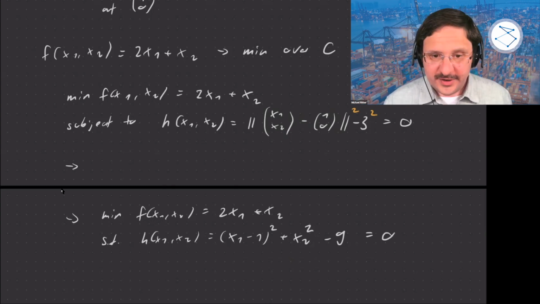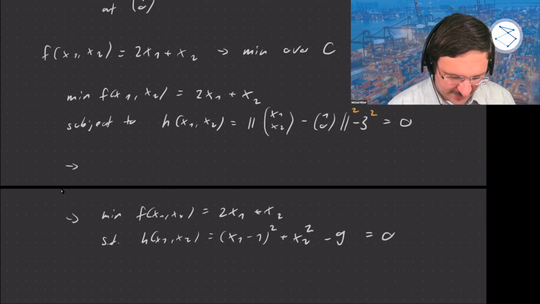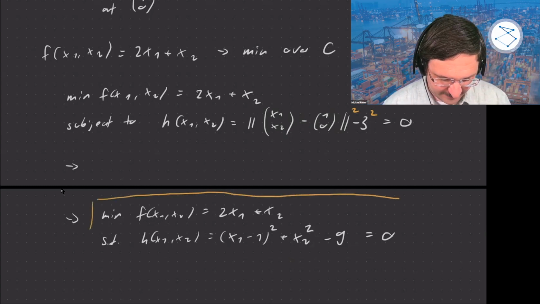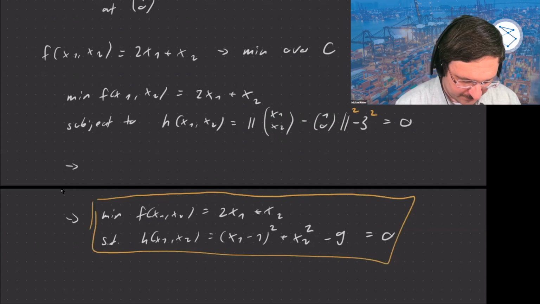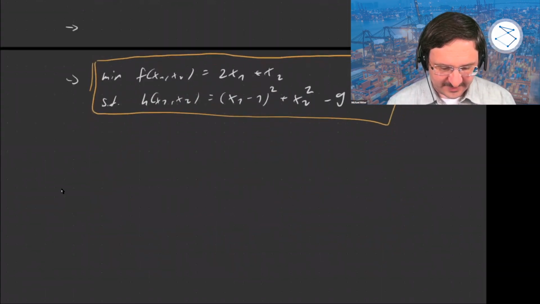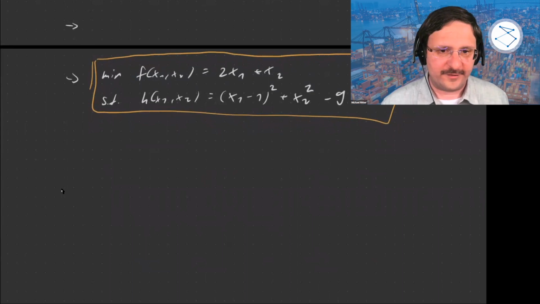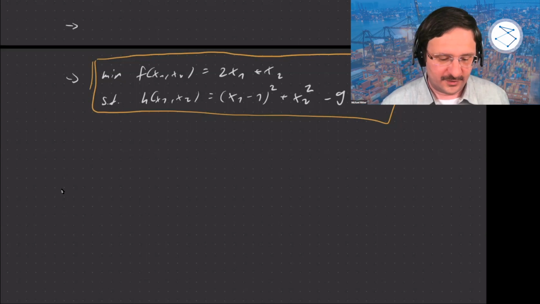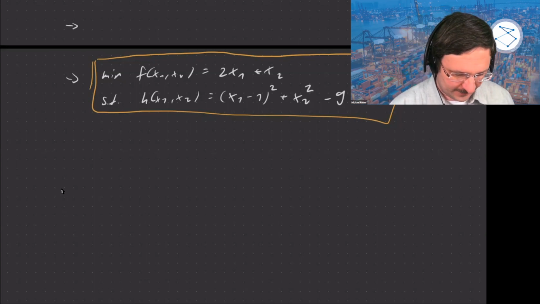Okay, so what do we do here? If that is the problem that we have, basically we can apply the method of Karush-Kuhn-Tucker. Basically, that says we need to find the KKT points of that. And the KKT points are characterized by a set of conditions.